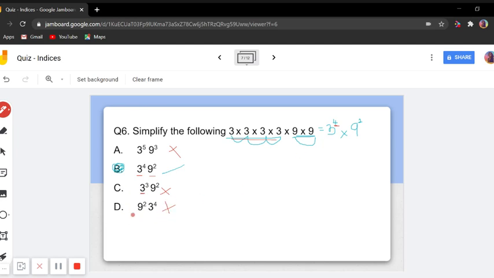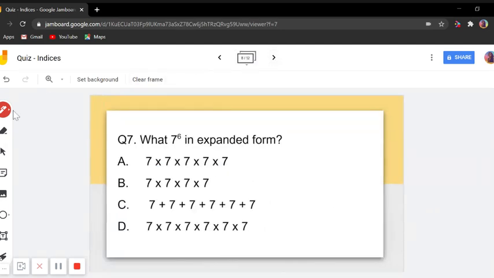Because if we take a look at here, it started with the number 3. So in the answer it must also start with the number 3. So this is incorrect.